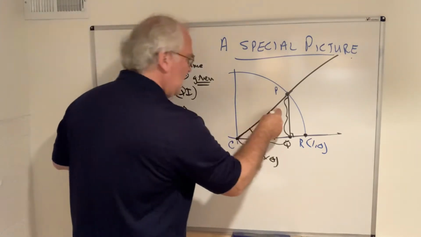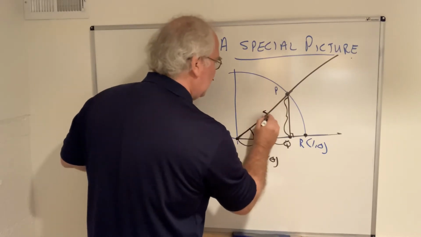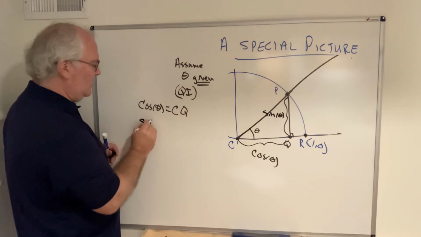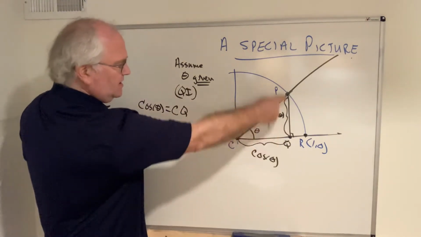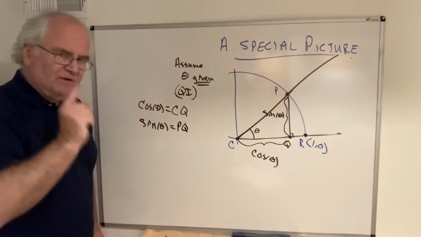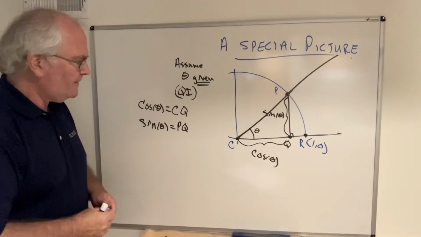And I know sine is the y-coordinate. This distance is sine of theta, which is to say sine of theta is which distance? That's distance PQ. Okay? And there's one more that is of interest.